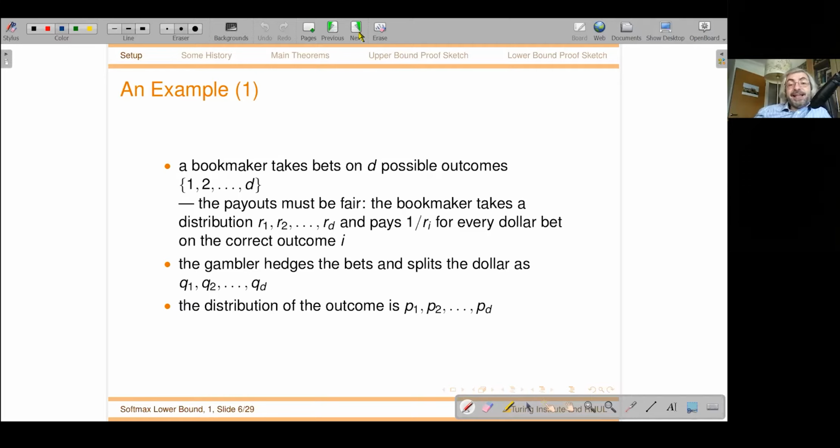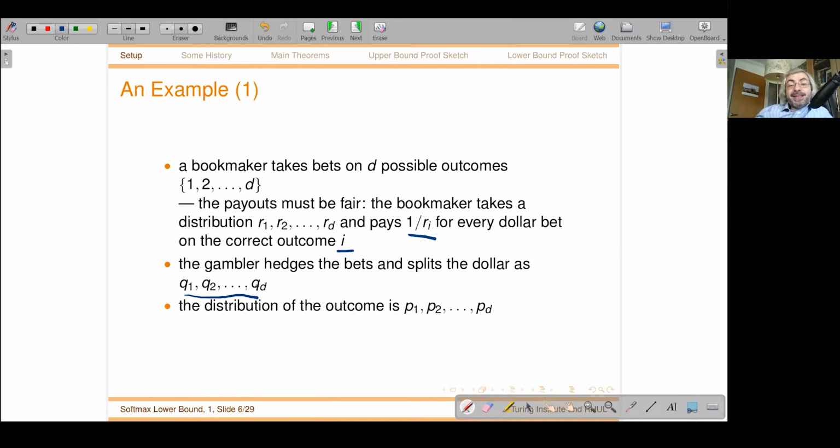So he takes a distribution R and pays 1 over R_i for every dollar bet on the outcome i, if i comes true, of course. And there is the gambler. The gambler hedges the bets and splits the dollar as follows between the possible outcomes.